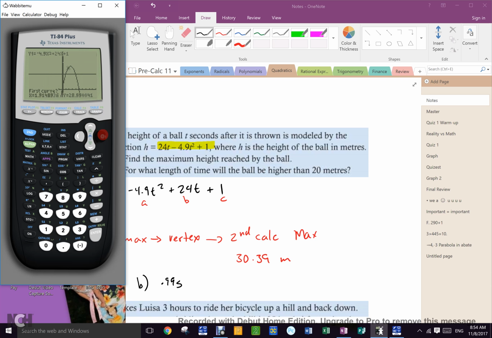I want to come over to where I'm doing my business. Right there, enter. Second curve, enter, enter. 3.9. So that space of time, it's above 20. Does everybody see how it works? We have now used all 5 graphing calculator functions that we would use in pre-calc 11.